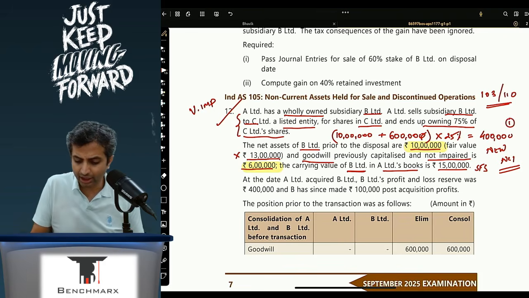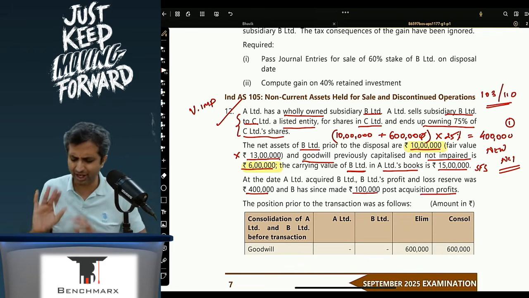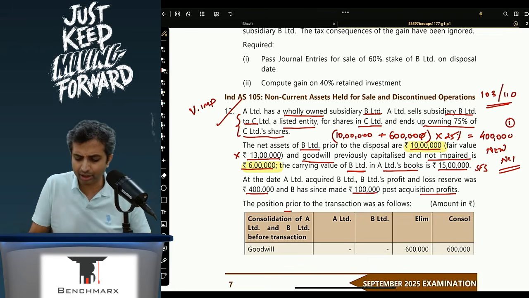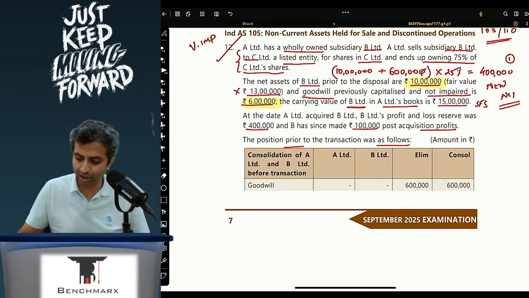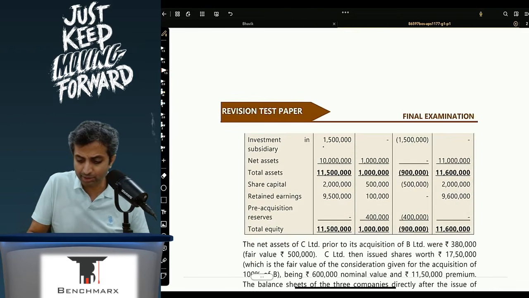At the date A acquired B, B's profit and loss reserve was 4 lakhs and B has since made a 1 lakh rupee post acquisition profit. That is fine. The position prior to the transaction was as follows. You have the goodwill appearing in the CFS at 6 lakhs, that is given to us in any case. This is A's books, this is B's books, this was elimination, and then there is CFS.